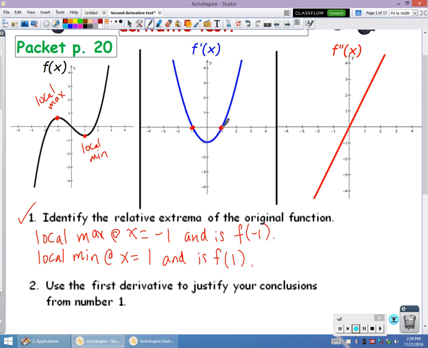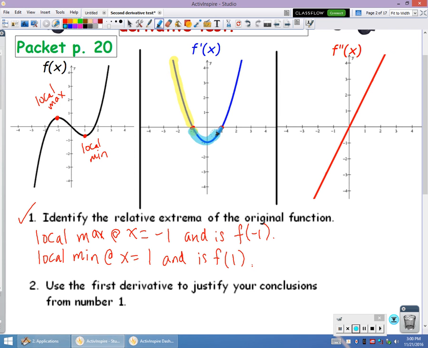We also see that the first derivative is positive to the left of -1, and the first derivative is negative to the right of -1.